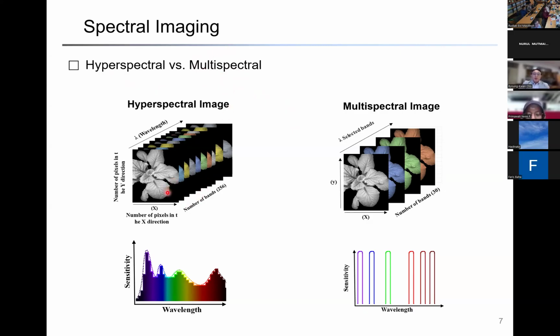In hyperspectral images, the waveband information is continuous, and the number of wavebands is large. But in multispectral images, the number of spectral images is less than hyperspectral images, and the spectral information is discrete, not continuous. That is the difference between hyperspectral and multispectral images.